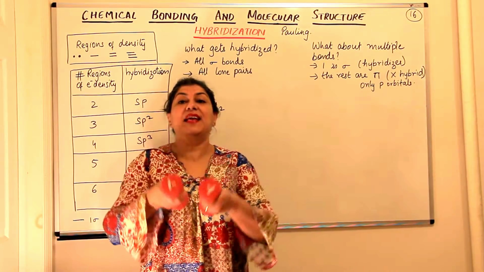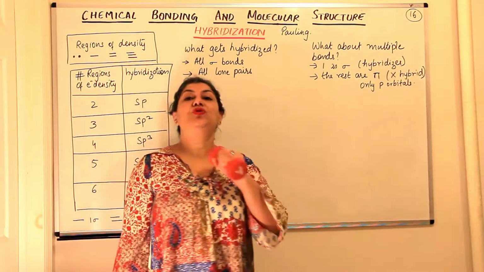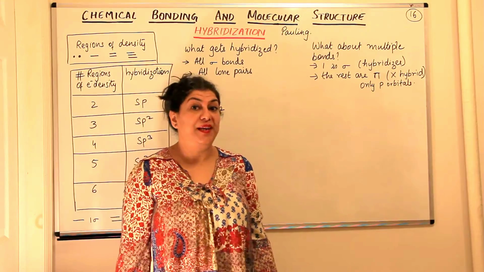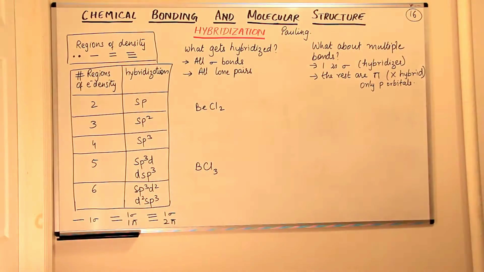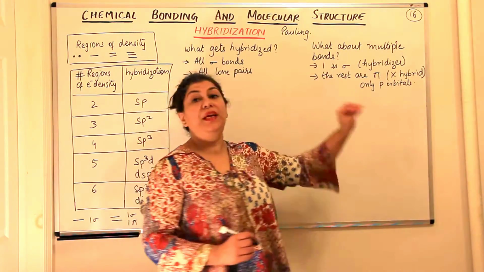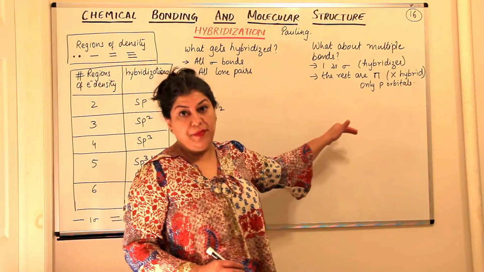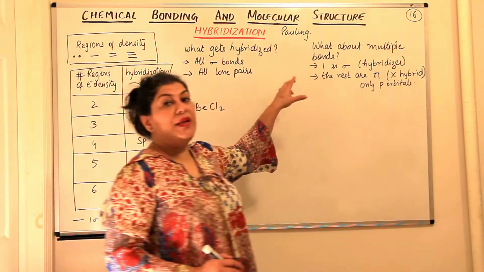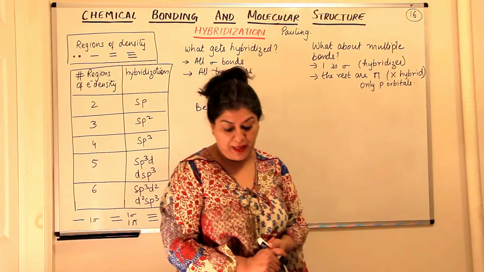And px and py, which overlap sideways to form the pi bonds, do not participate in hybridization. You have to remember this. This is very important: pi bonds are formed by p orbitals, and these p orbitals remain as such. They do not participate in hybridization. So it is only the sigma bonds and all lone pairs which will participate in hybridization.